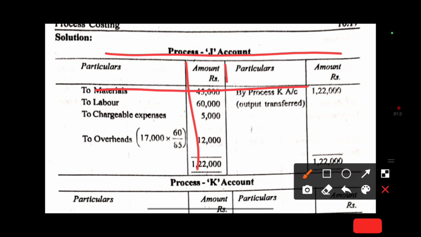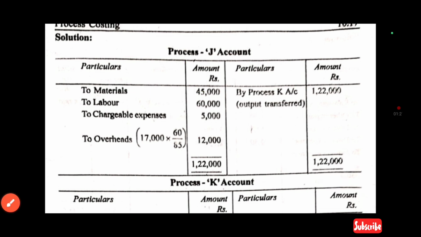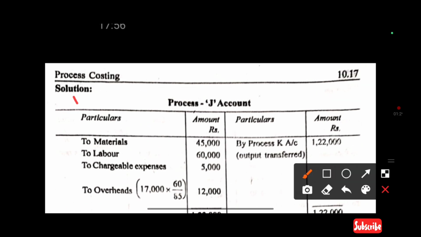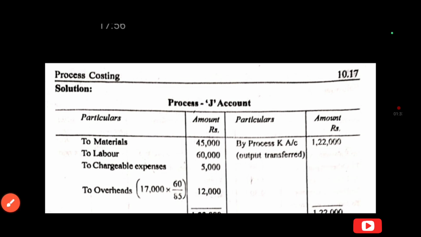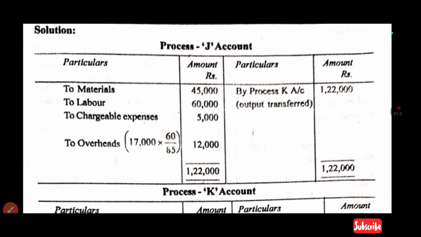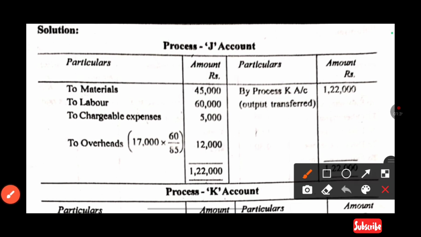You need to enter both sides, the debtor side and the creditor side, with particulars and amount. On the debtor side, all the costs you incurred during process J will be entered: to material, to labor, to chargeable expenses.